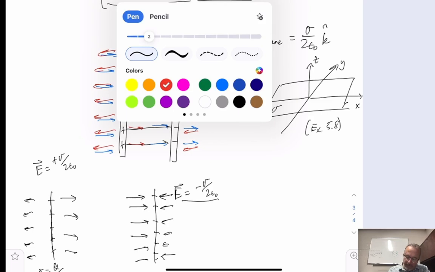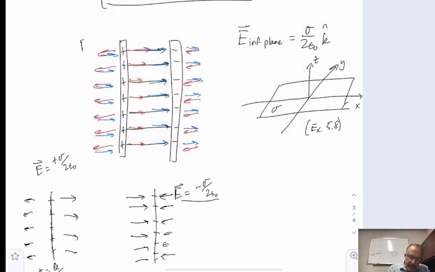And what that means is that here the electric field is 0, here the electric field is 0, but here the electric field is sigma over 2 epsilon naught plus sigma over 2 epsilon naught. And so the electric field in this region in between the planes is sigma over epsilon naught.